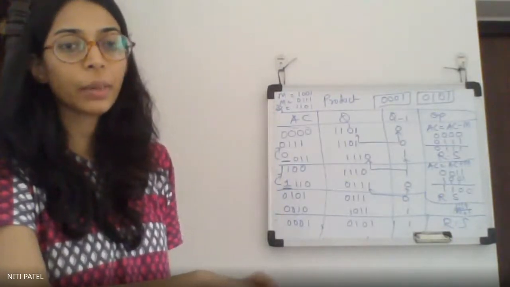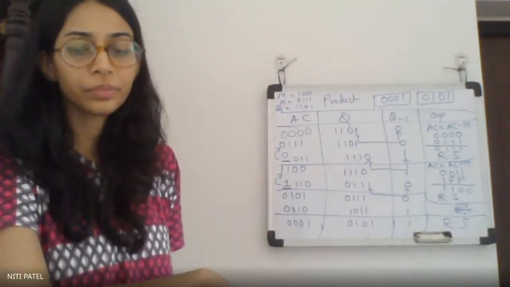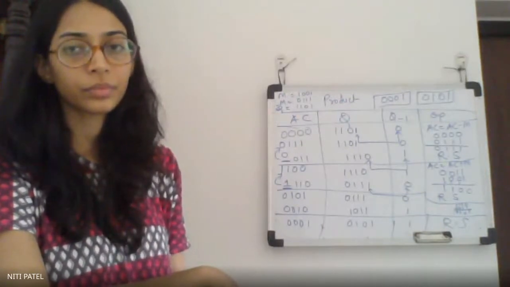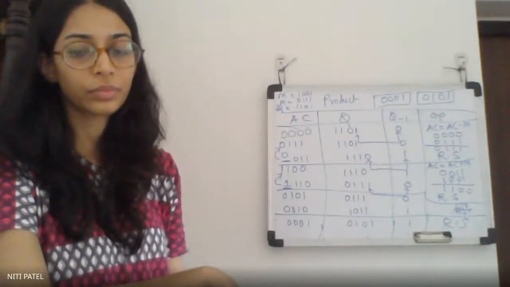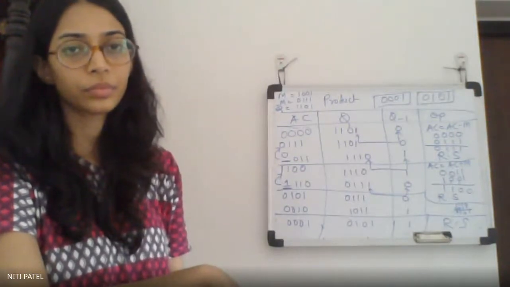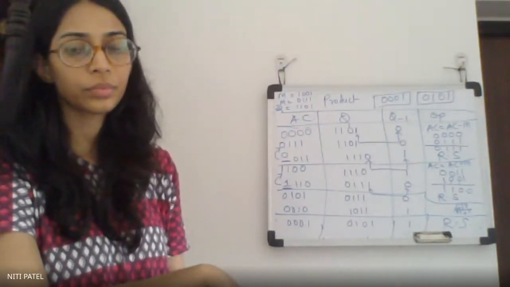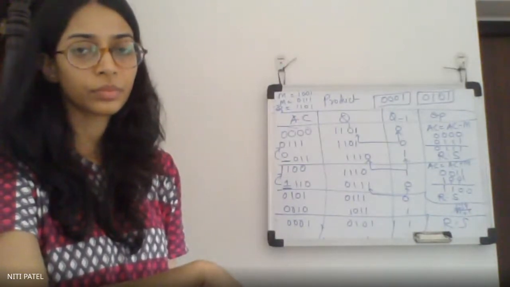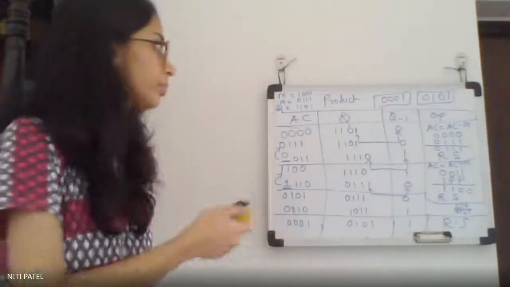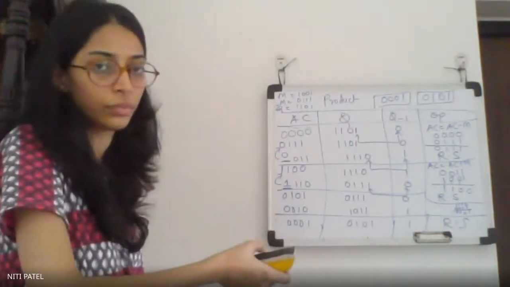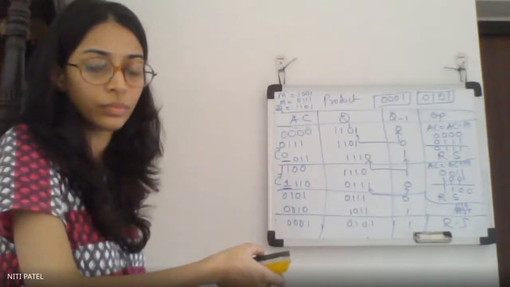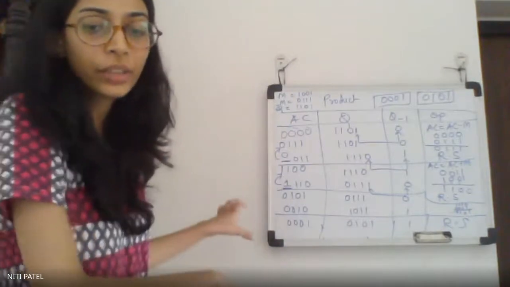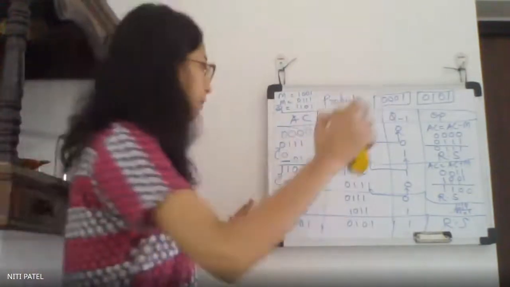Has everyone completed -7 into -3? Take down the question.